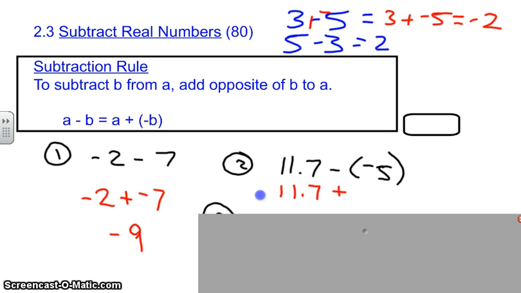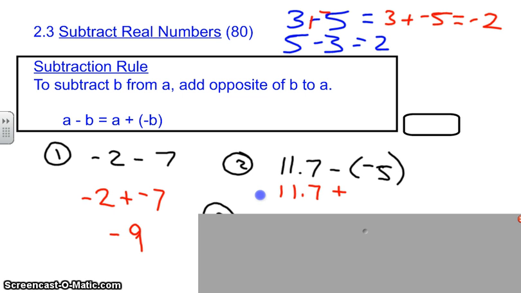Plus negative 5? What's it going to be? Is it going to be negative 5 or positive? I mean, can we change 11.7 minus negative 5 to 11.7 plus negative 5? And we have the same statement there? Subtracting it and adding it is equal? Right? Is 4 minus 2 the same as 4 plus 2?